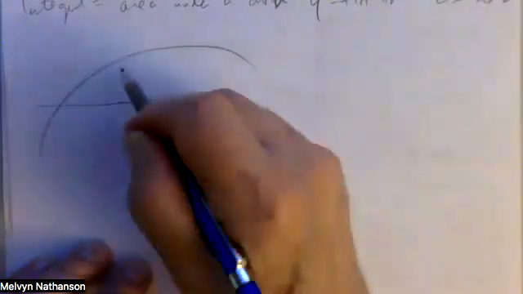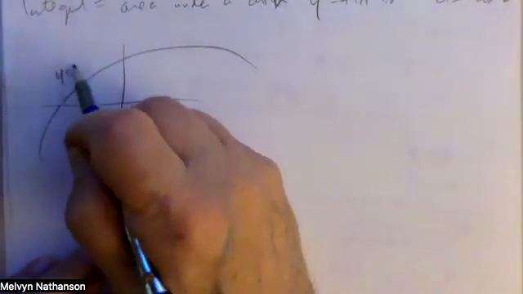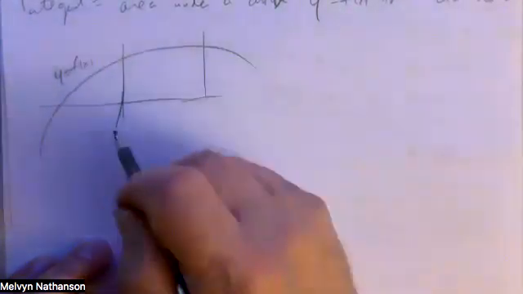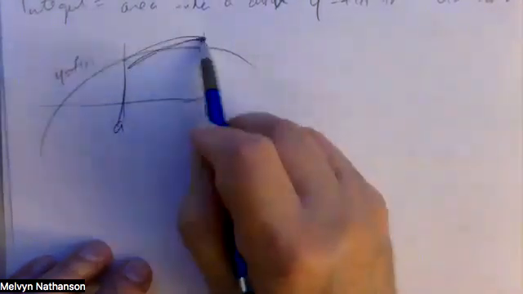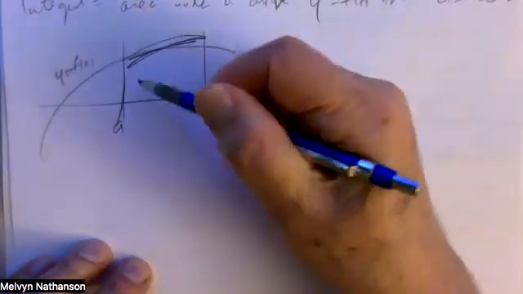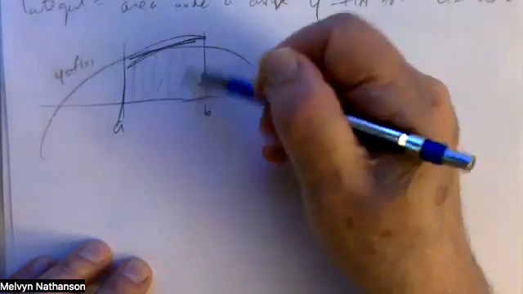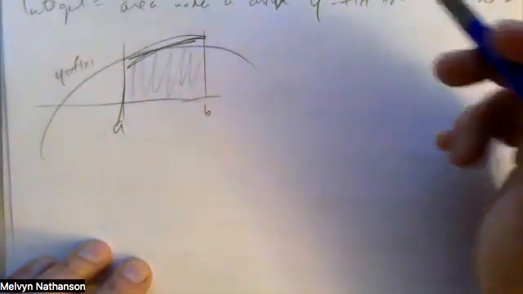So you have some function, y equals f of x. Let's say it's positive. We look at the part of the curve from a to b, and we want to find the area under the curve.